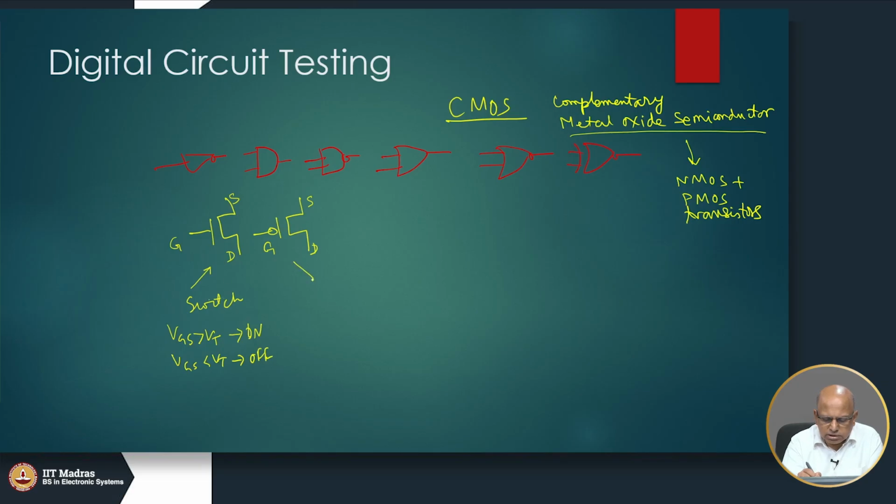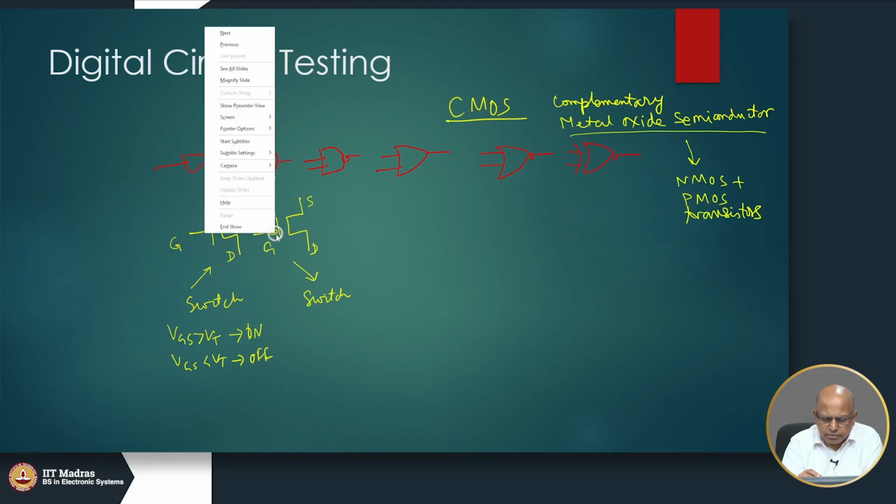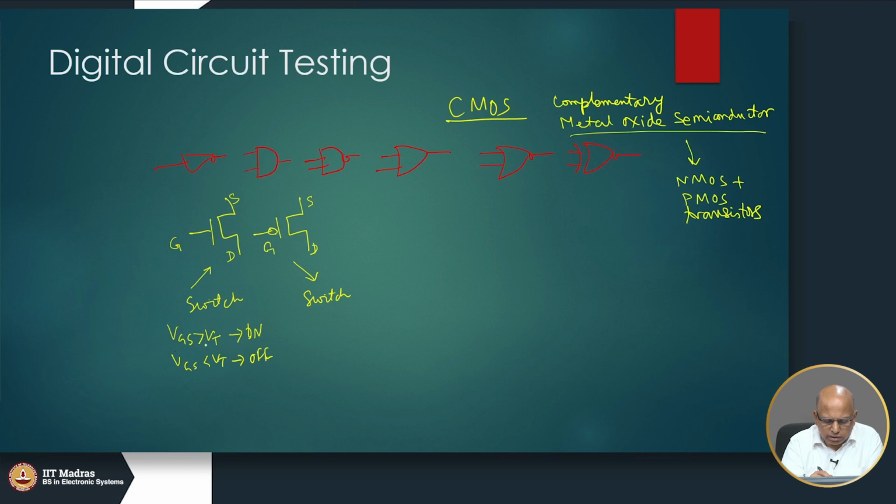The PMOS transistor is also a switch, except that, if you take the NMOS transistor, when VGS is high, that is if I apply a high voltage on VG, then it turns on. If I apply a 0 voltage on VG, it turns off.